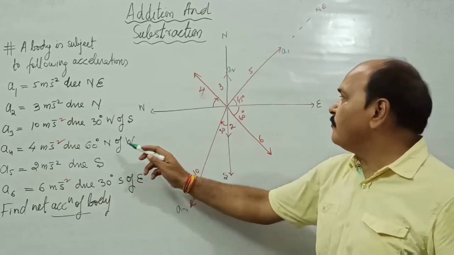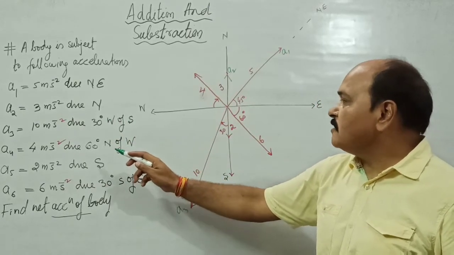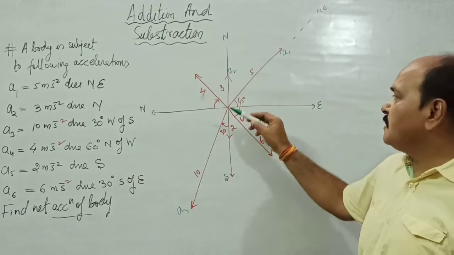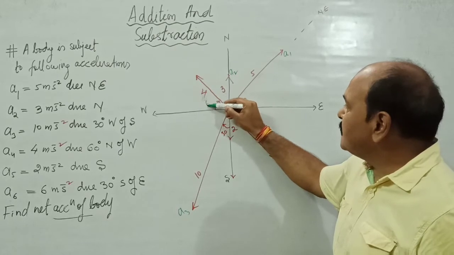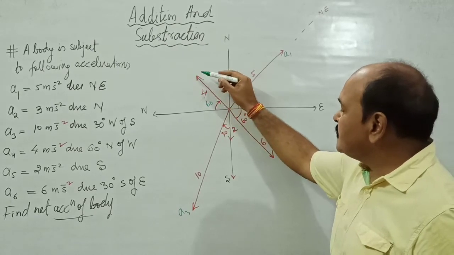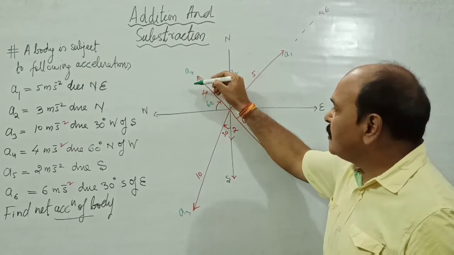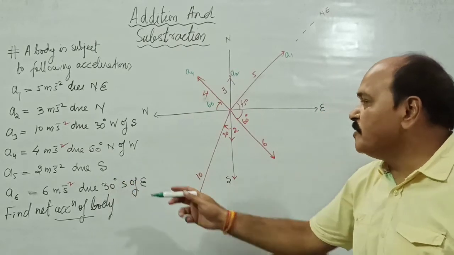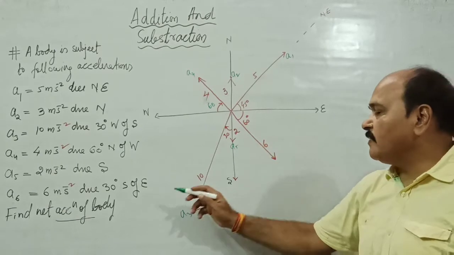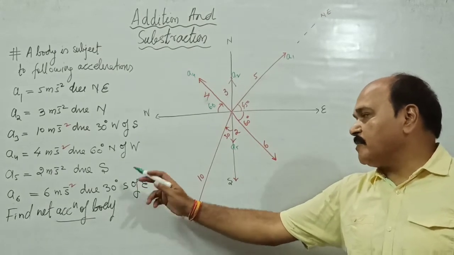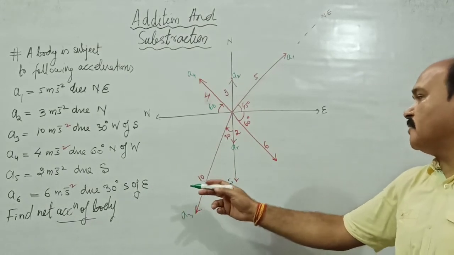A4 is 4 meter per second square, 60 degree north of west. And A5 is 2 meter per second square due south. Then we have A6, 6 meter per second square due 30 degree south of east.